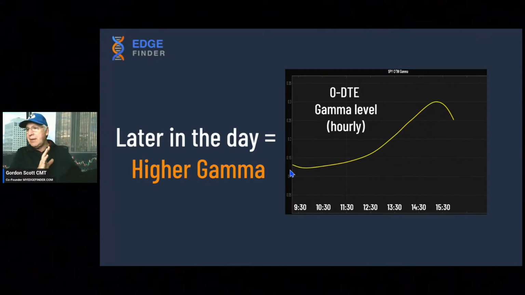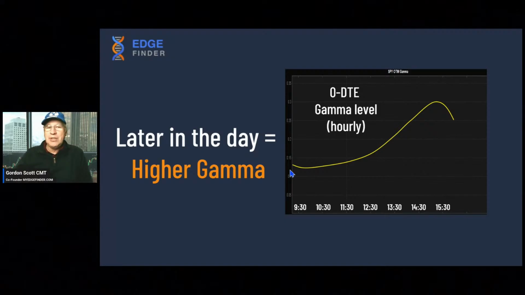You're never going to see a gamma above 0.1, or 10 cents, in other words. On the last day, on the 0 days to expiration, gamma starts above 10, typically, and then it gets as high as 30 in those last couple hours. And it really starts accelerating just in the last 2, 2.5 hours of the day.